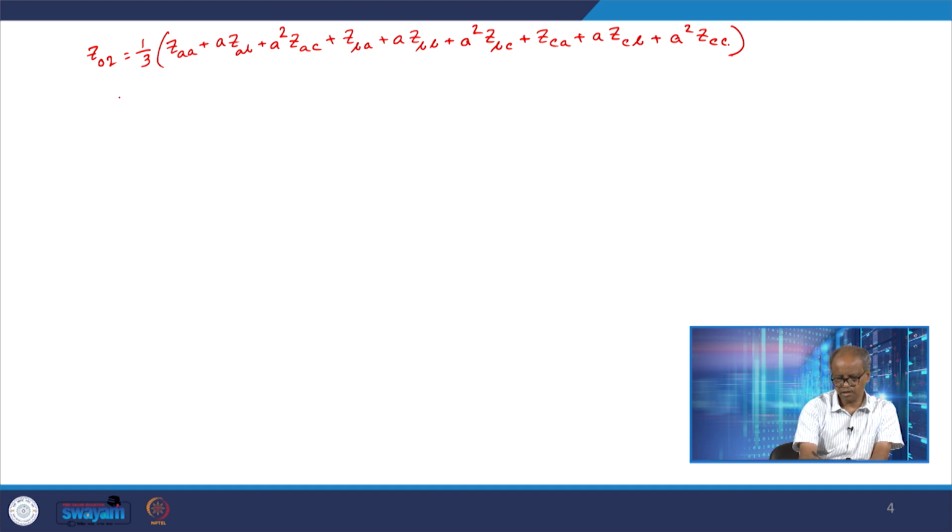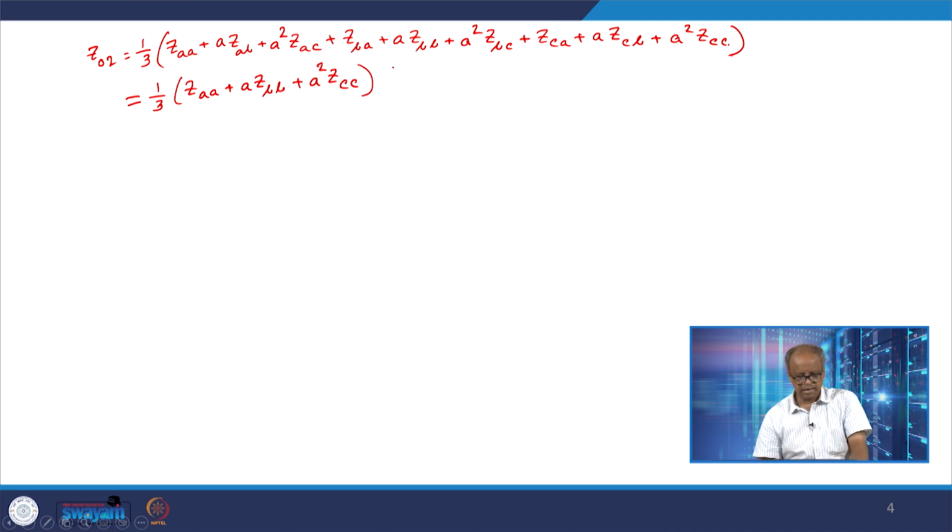So this I can write down as 1 by 3 [ZAA + AZBB + A²ZCC], and then again AZAB plus AZAB plus ZBA.